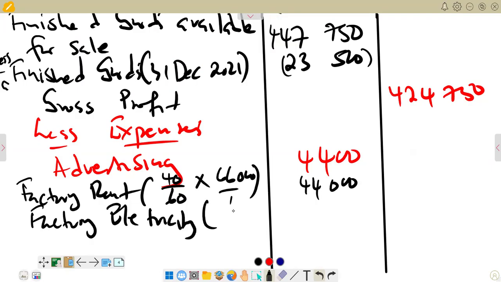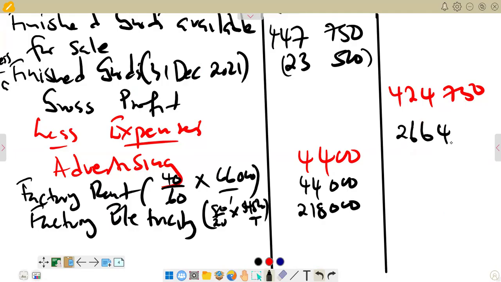We are going to summarize it as 80 over 20, and then we multiply by 54,500 over 1. The answer that we are supposed to get for factory electricity is 218,000. So simple: 4,400 plus 44,000 plus 218,000. The total that you are going to get here is 266,400. And we are saying less, so we're subtracting.